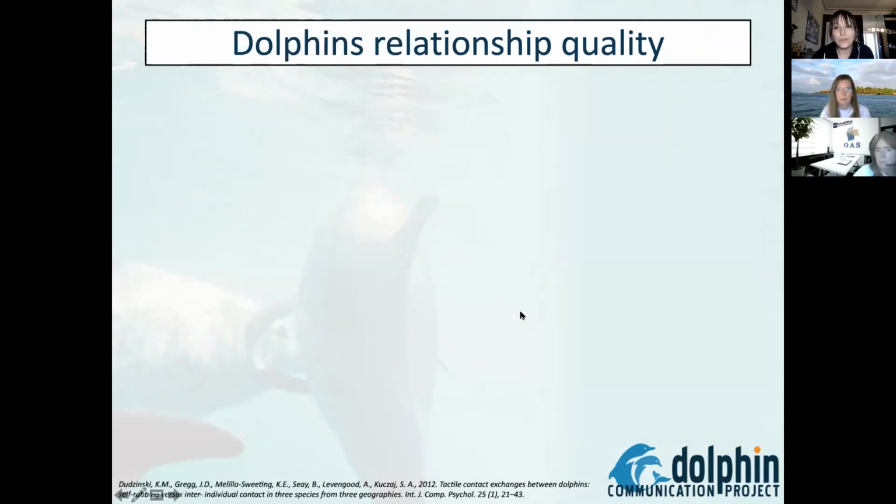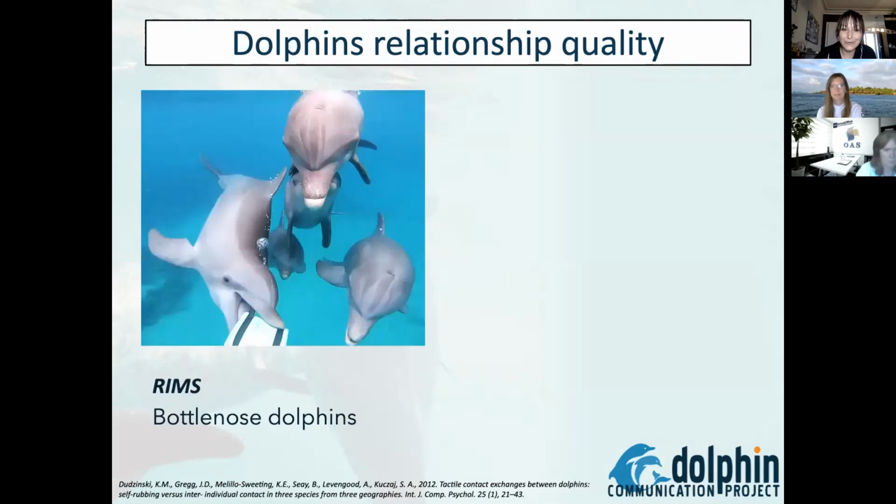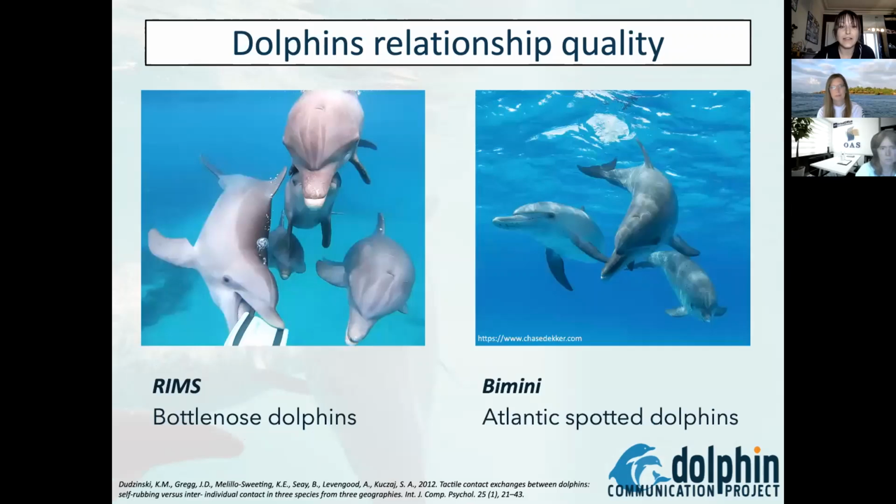In order to do so, we had to find populations that we could study underwater, which is great with DCP. If you are familiar with our webinar, you already know those two populations. The first is the Raritan dolphins at RIMS, so bottlenose dolphins in managed care, and the second are the Atlantic spotted dolphins we see in Bimini.